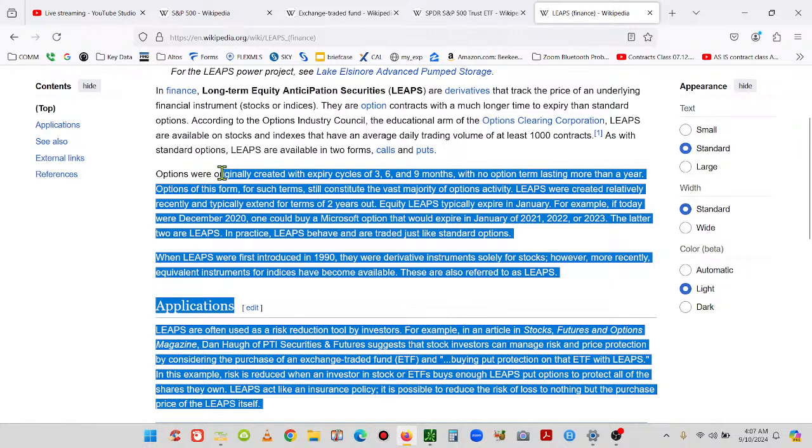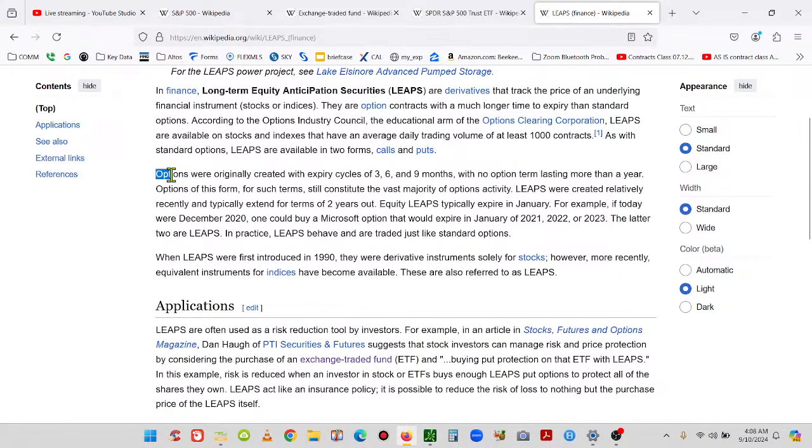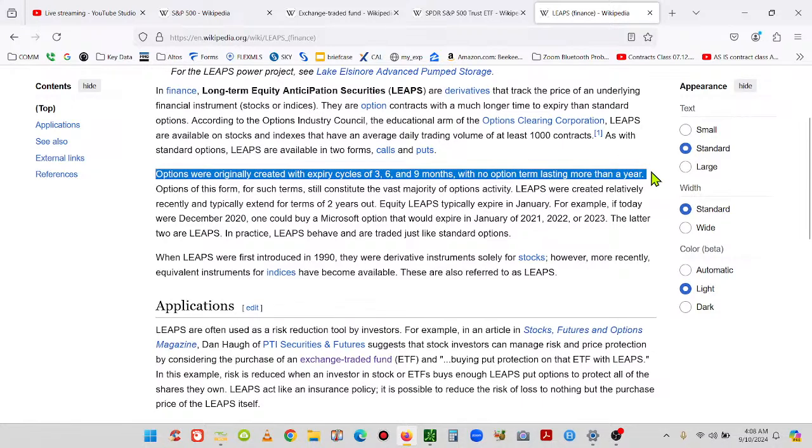Okay, but this is an important topic too as well. You may want to read this anyway. But options are originally created with expiry cycles of 3, 6, 9 months, with no option term lasting more than a year. Okay, options in this form for such terms still constitute the vast majority of options activities.